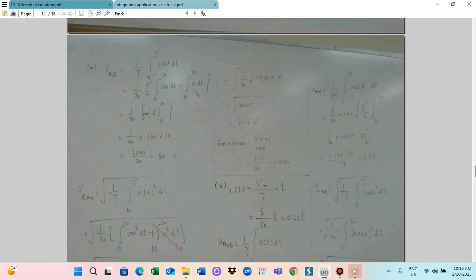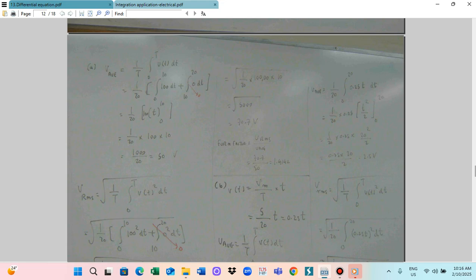Okay, here in the calculation, the second integral with 0 becomes 0, so only this one is left. So this becomes 1 by 20 times the integral of 100, which gives 100 t from 0 to 10.